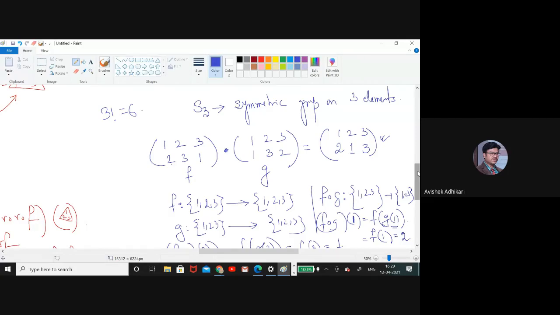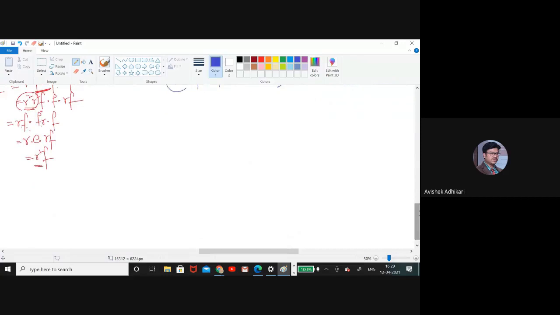If not, quickly tell me what this value would be on 4 elements. 1, 2, 3, 4 going to 3, 2, 1, 4, composed with 1, 2, 3, 4 going to 4, 1, 2, 3.